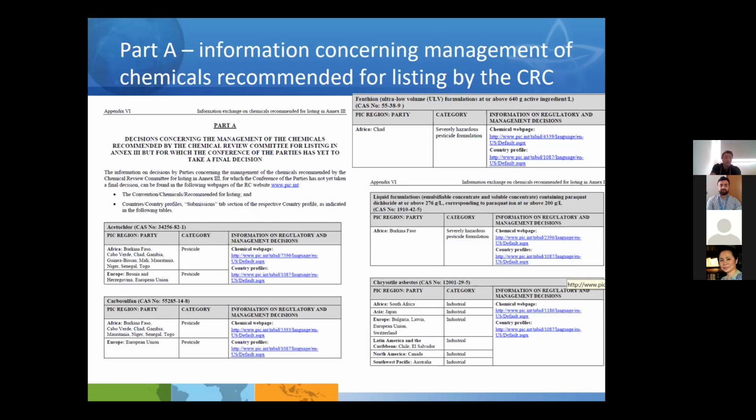At the same time, we have the submitting parties that were the reason behind the activation of the CRC process and the recommendation of CRC to list these chemicals into Annex 3 and further on the COP decisions. But we are also listing the names of the countries that additionally provided notifications for the same chemicals. This information is available in the respective PIC Circular, in the chemicals webpage, and is also available in the country profile.